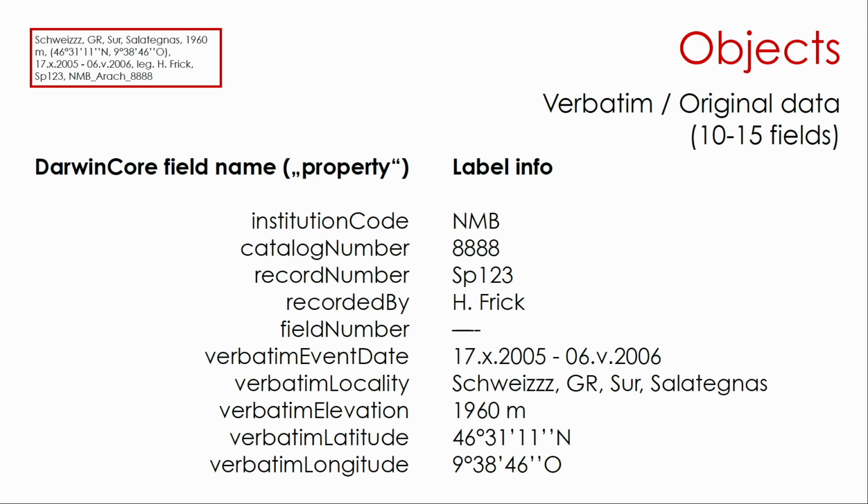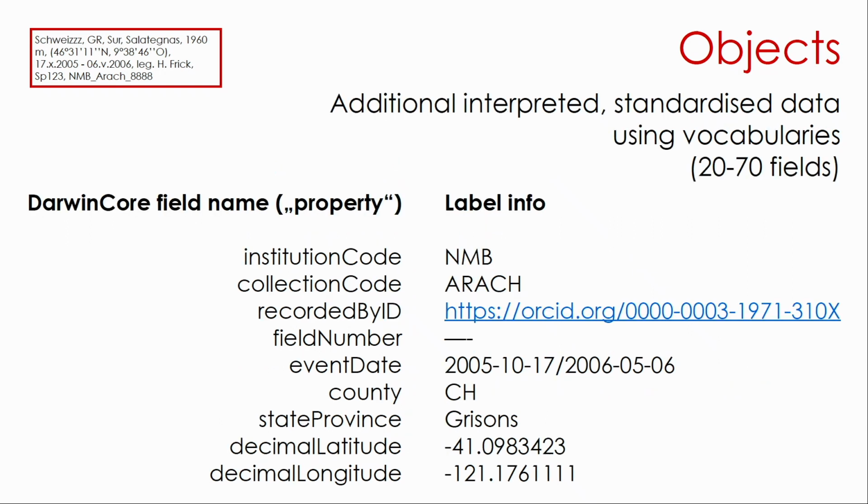Now, the good thing would be if you translate the data that you have at home to the verbatim original data, and already then we can compare the data among countries or between countries, because the recorded by is everywhere the same, or will be everywhere the same, and computers can already exchange this data.